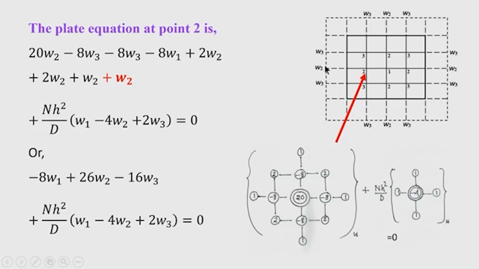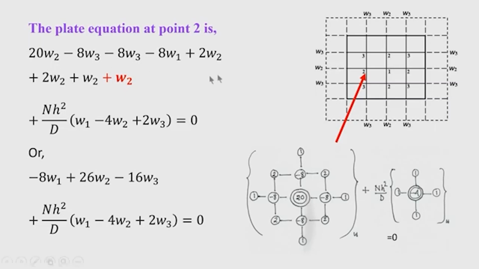This value has to be expressed in terms of the corresponding image point value, and the corresponding image point is 2, and for the fixed condition the deflection of the imaginary point is equal to the deflection of the image point. So, this term is coming here with W2, which I have indicated with the red color, to show that it is due to the imaginary nodal deflection expressed in terms of the corresponding image node deflection inside the plate.